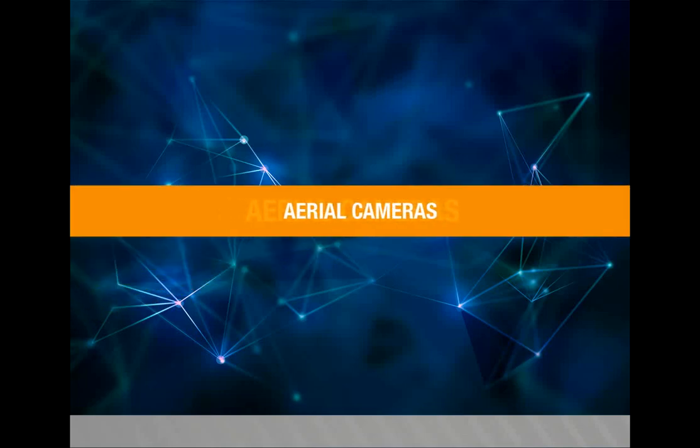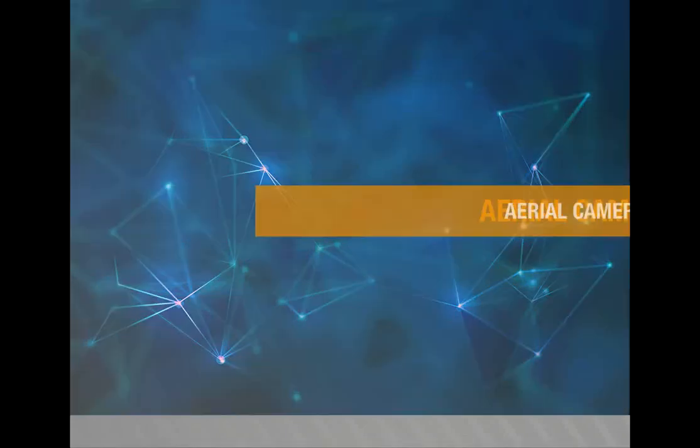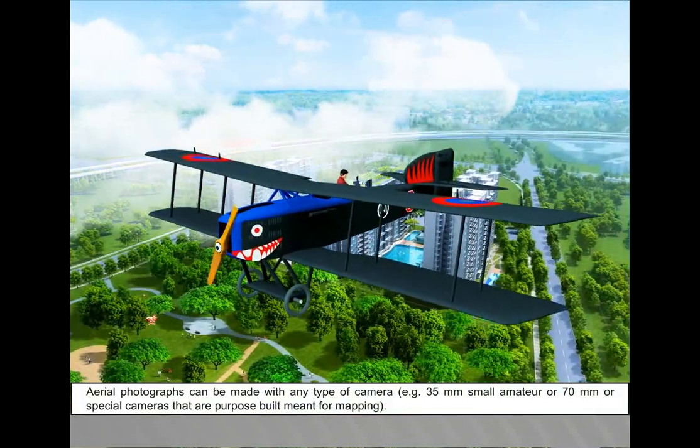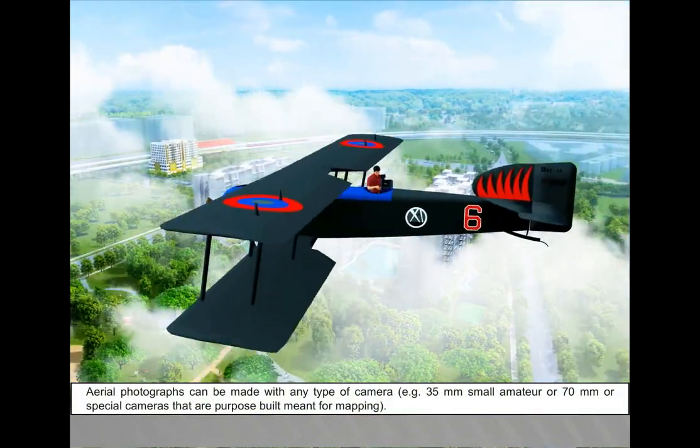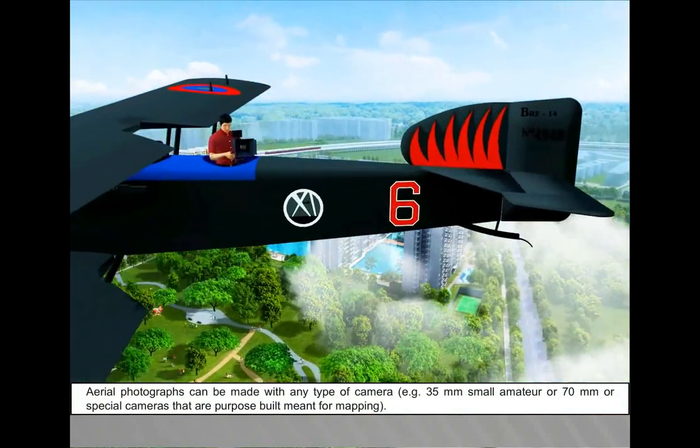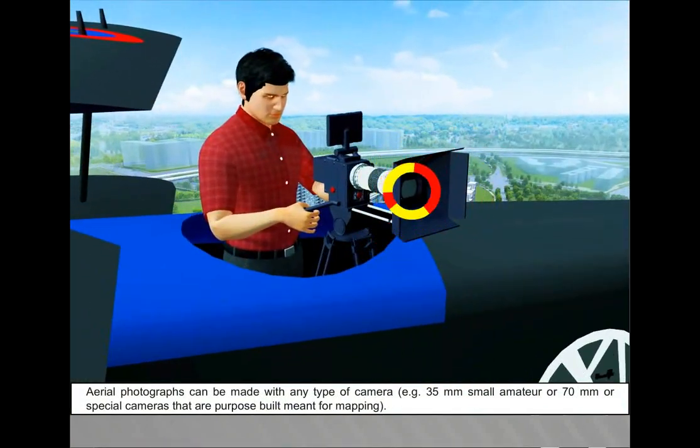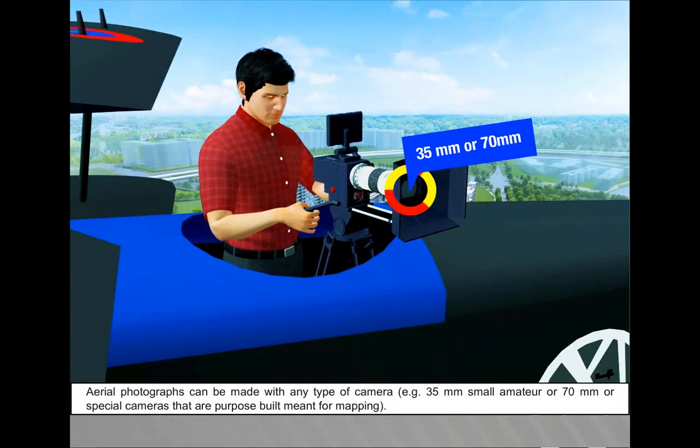Aerial cameras. In this video, we are going to see about aerial cameras. Aerial photographs can be made with any type of camera, for example, 35 mm small amateur or 70 mm or special cameras that are purpose-built for mapping.